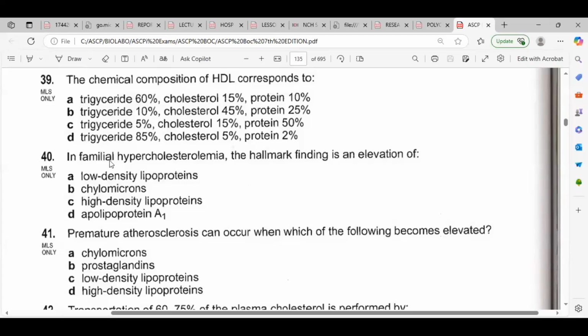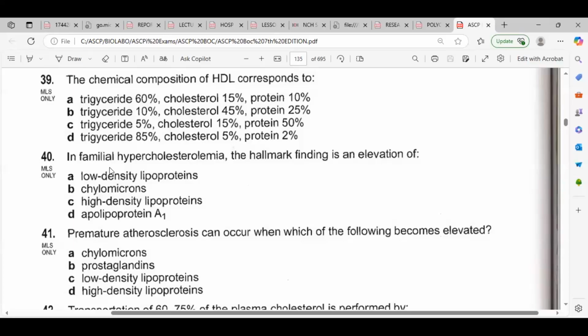LDL is a carrier of cholesterol, and when LDL is high, cholesterol is also very high, because LDL transports cholesterol into different tissues and cells of the body for storage and deposition.